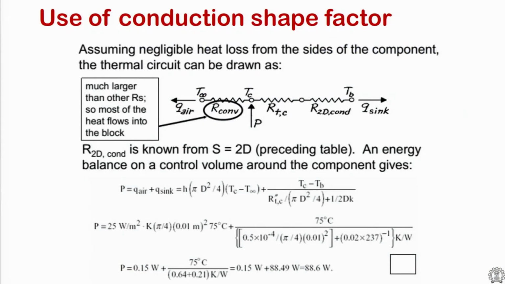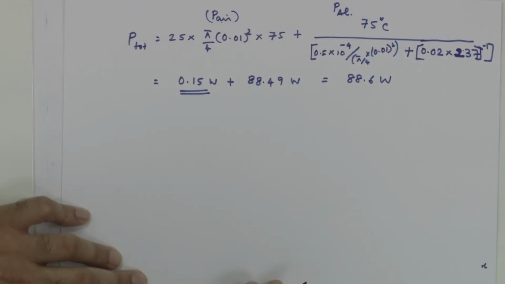So it may be important to understand which side is actually dissipating more heat, and to make an approximation that heat transfer is mostly happening on one side. In this case, for example, the heat sink side, which is the aluminum block side, is the one that is predominantly dissipating heat.